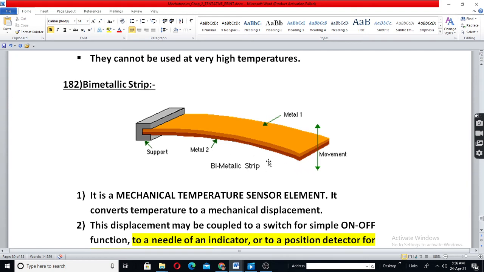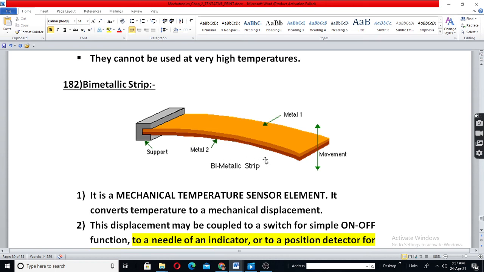When temperature increases, the expansion of metal 1 will be more, say, and metal 2 will be less. Now instead of elongating in the same direction, it will bulge.